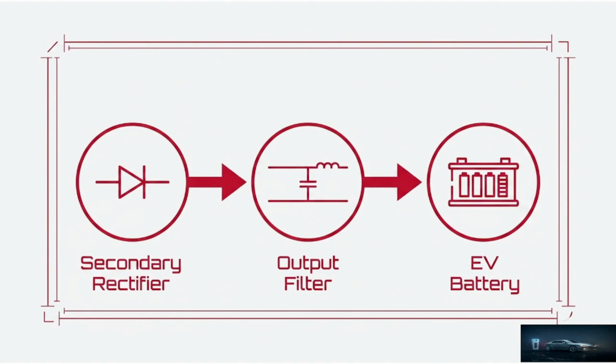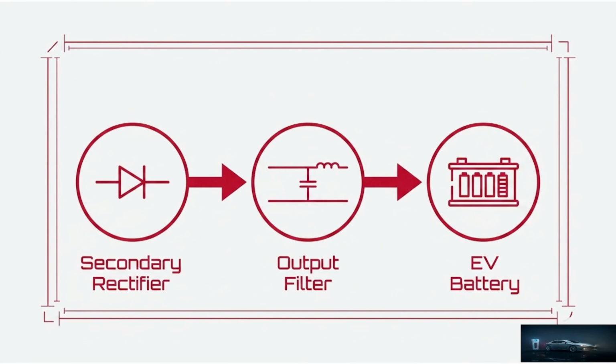If you think it still has a ripple, what do you think removes that ripple? Because ultimately we need a smooth DC for our EV battery. We have to remove all impurities and unwanted ripples. If you know the answer, please comment your answer.